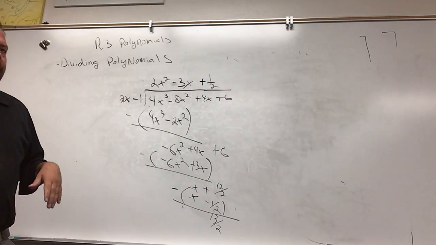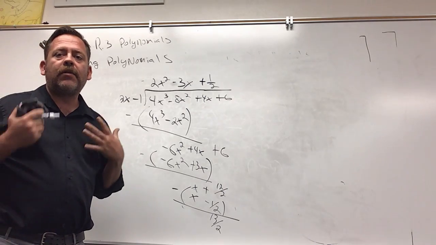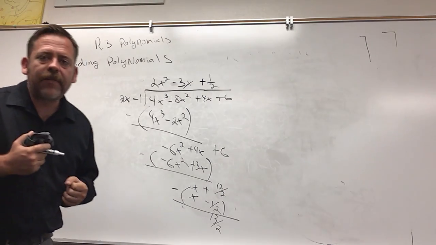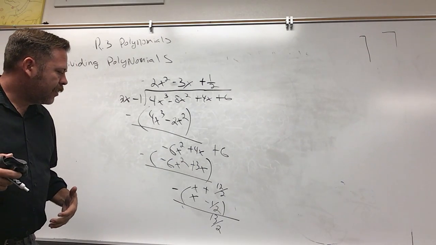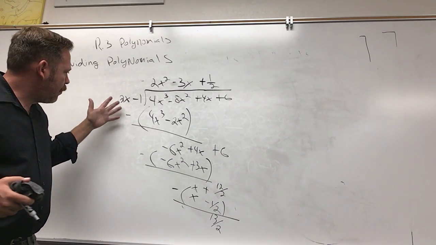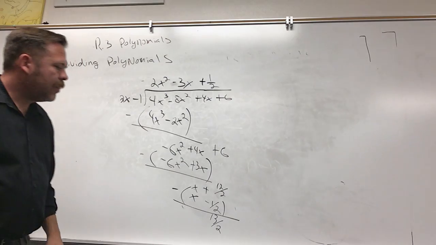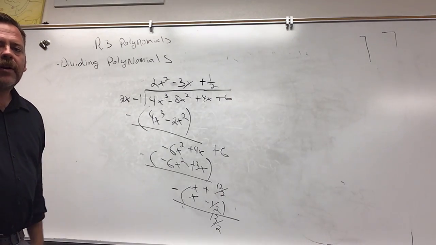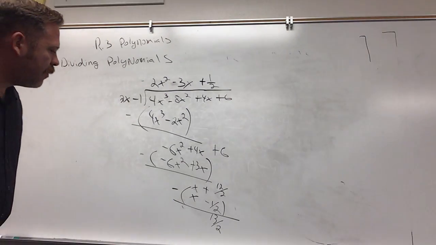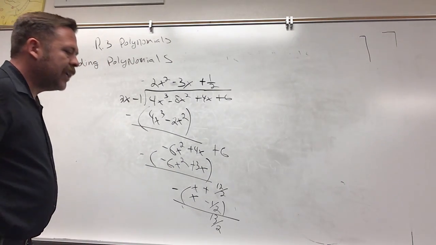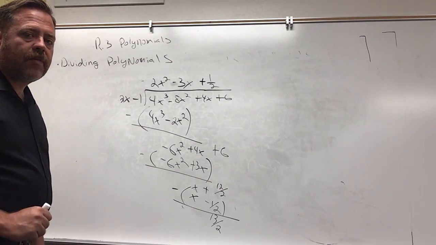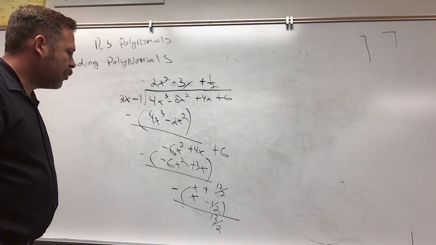And way back when you were in preschool and you learned long division for the very first time, well, whatever was left over and you couldn't go into anymore, that was what you called your remainder. It's the same. This is going to be our remainder, and there's a way we like to write it. The same way we used to write a remainder as a mixed number back in preschool.